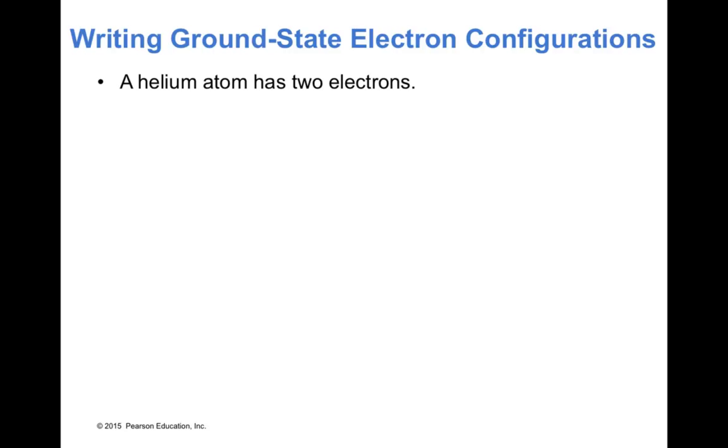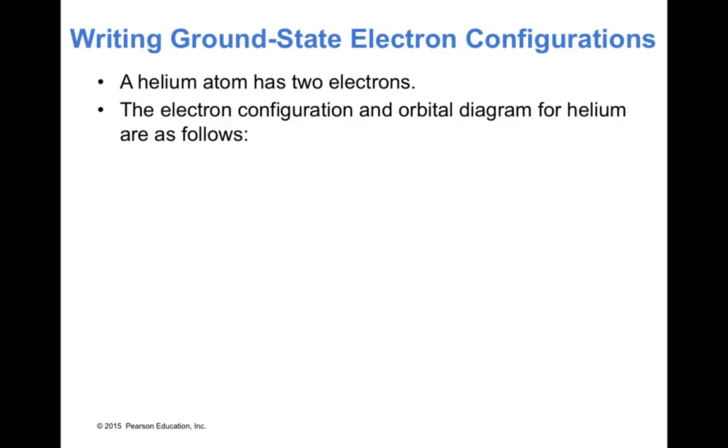So let's do the electronic configuration for some elements. Helium atom has 2 electrons. The electron configuration and orbital diagram for helium are as follows. So the first orbital that we have is the 1s, and in it we can put just 2 electrons. So that means that we have 1s2.